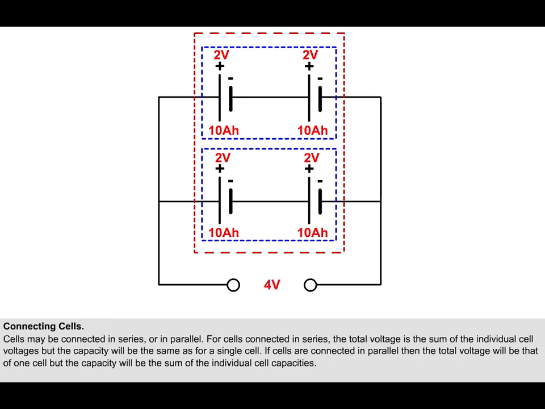We add the series voltages together to get the output voltage, in this case 4 volts. And we add together the parallel capacities to ascertain the total capacity, in this case 20 ampere hours.